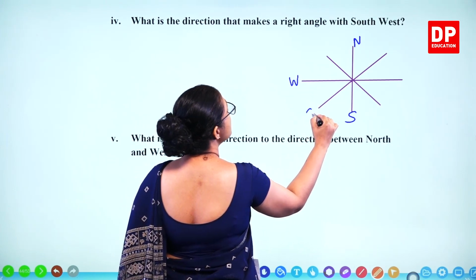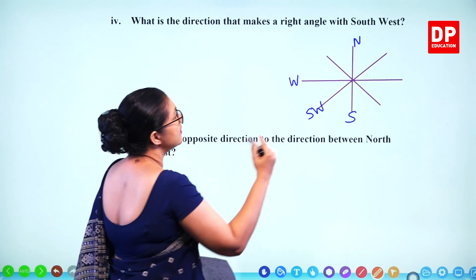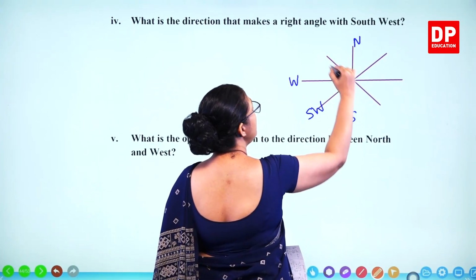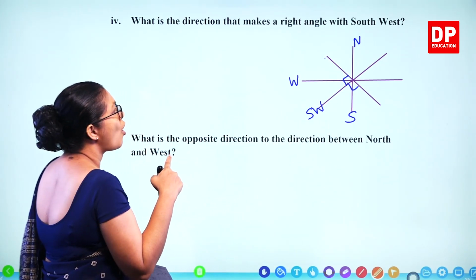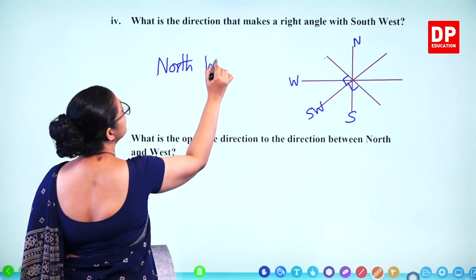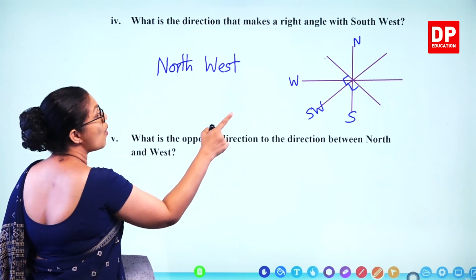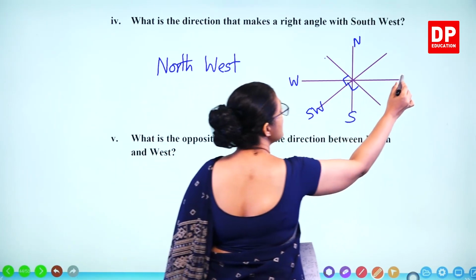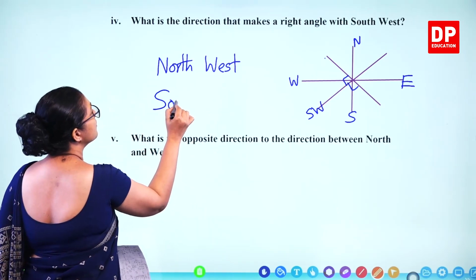Here southwest is here. 90-degree angle. So either this one or this one. So what's this one? Northwest. Or you can write it the other way around. That's southeast. So this is east. So this direction is southeast.